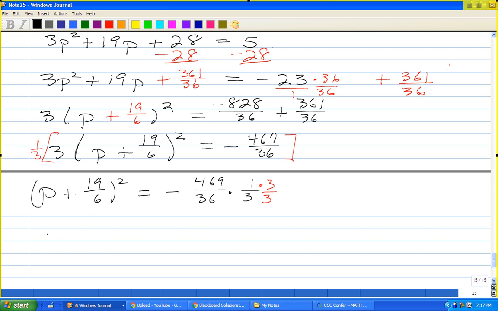So this is equal to p plus 19 over 6 squared is equal to a negative 469 times 3, negative 1407 over 9 times 36, 324.